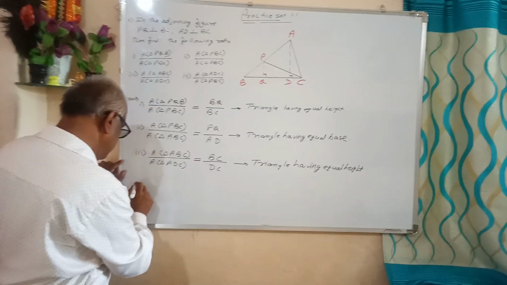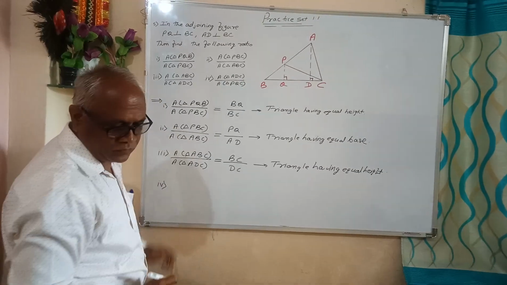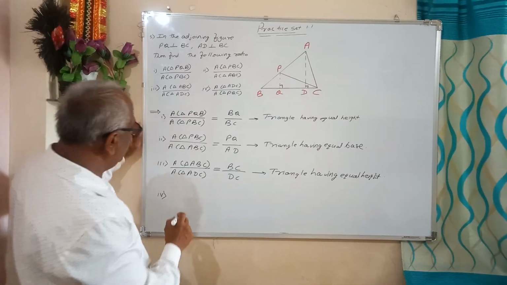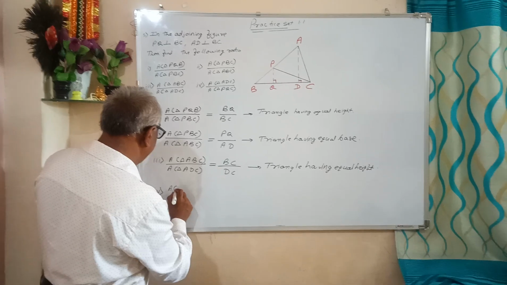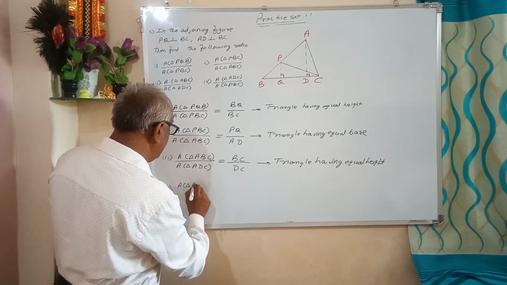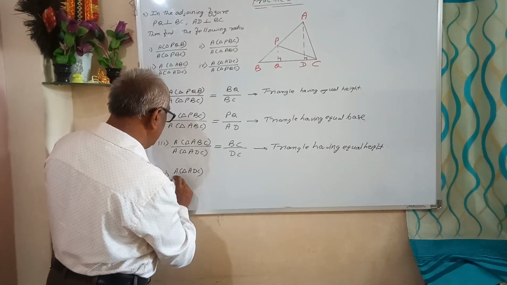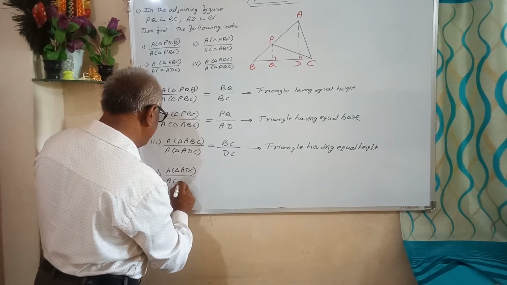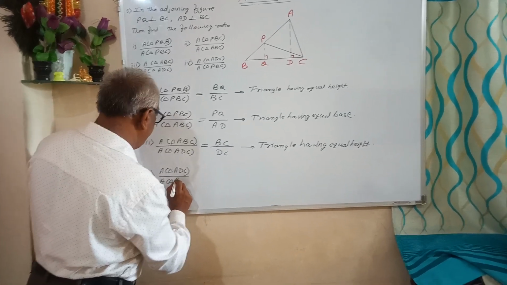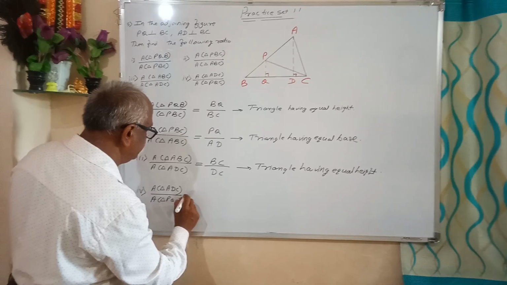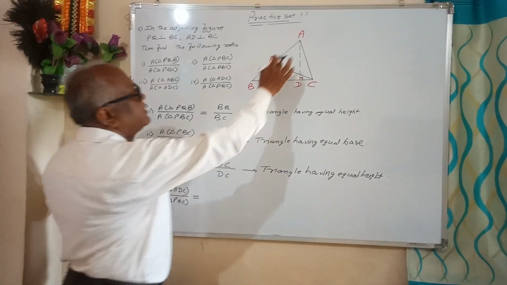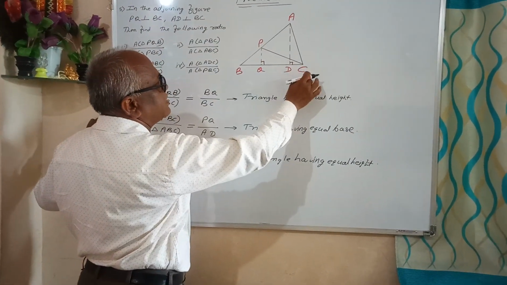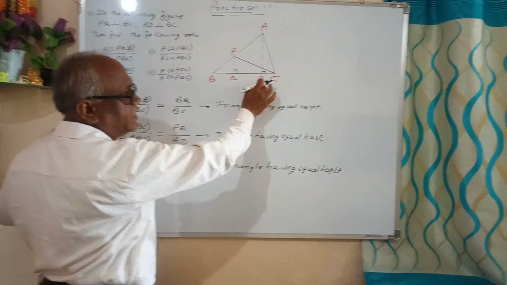Now fourth one, area of triangle ADC upon area of triangle PQC is equal to, ADC, DC is the base, AD is the height.